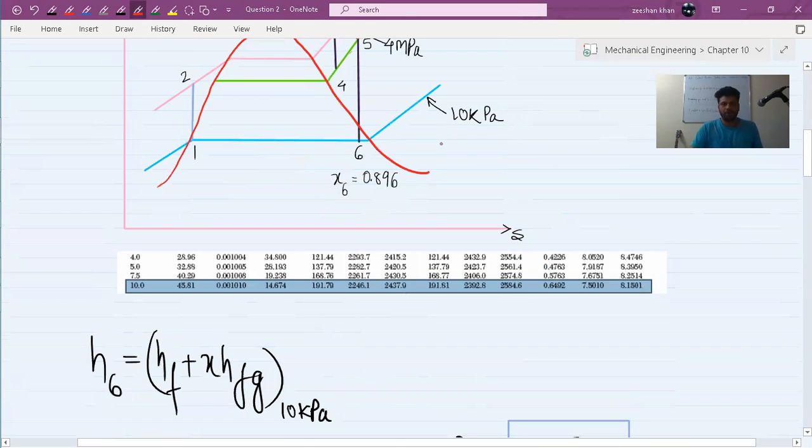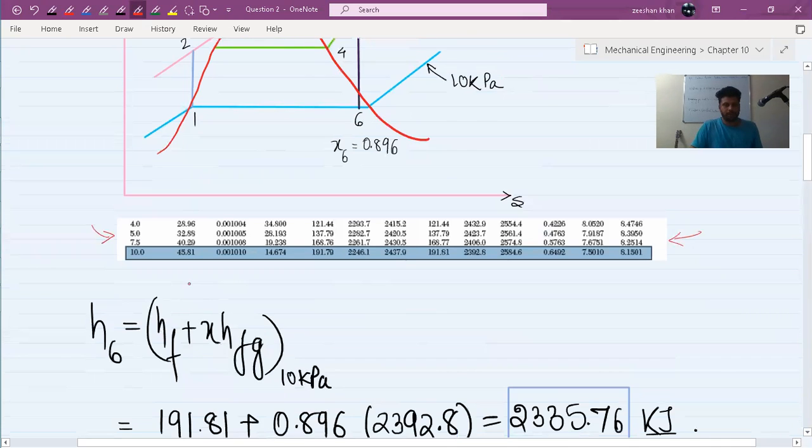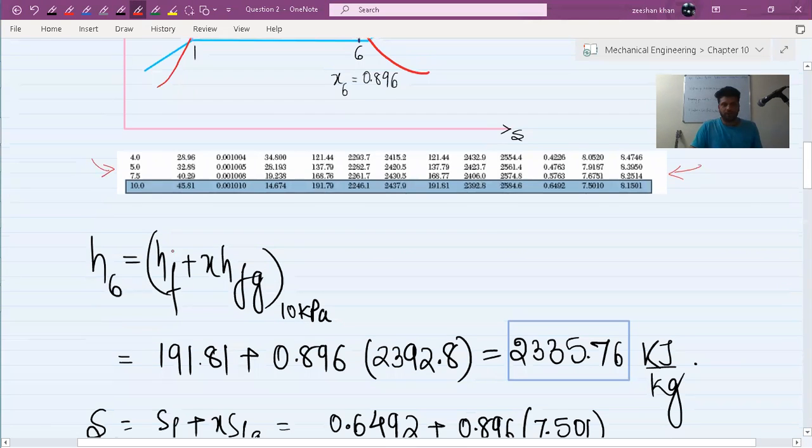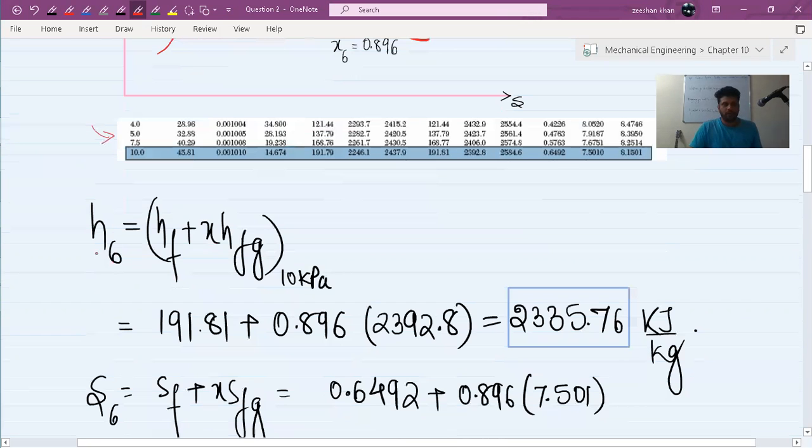H6 can be calculated from the table right here, at 10 kilopascals, that is the condenser pressure. So 10 kilopascals is what we're going to look into, and the enthalpy is going to be HF plus X HFG at 10 kilopascal.